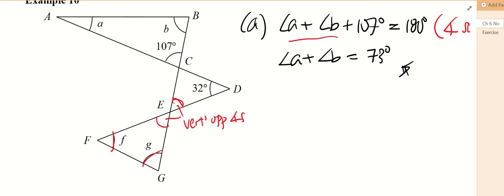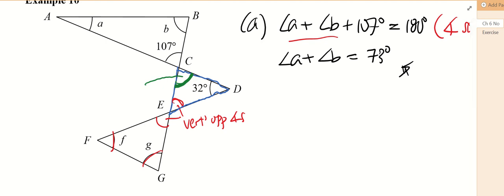We move back to this blue color triangle here. We see the angle CED, and this 32 degrees, as well as this green one here, ECD, they add up to 180. So if I can find out what this ECD is, then I can find my answer.